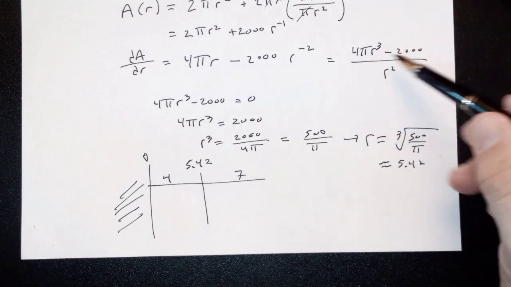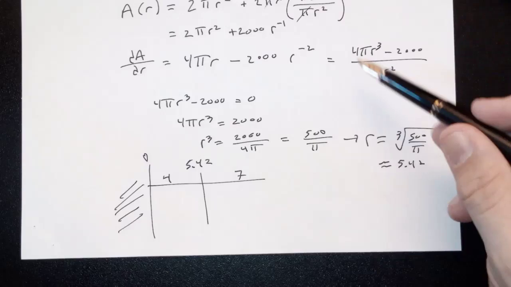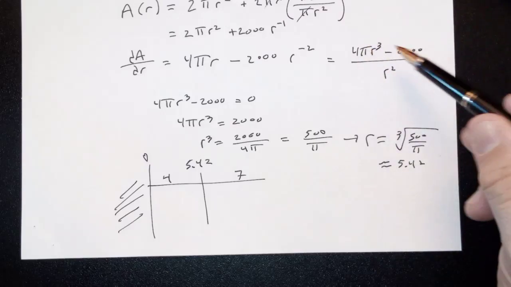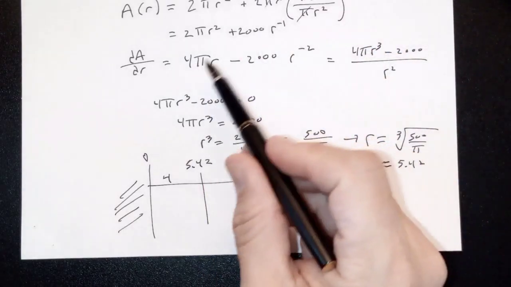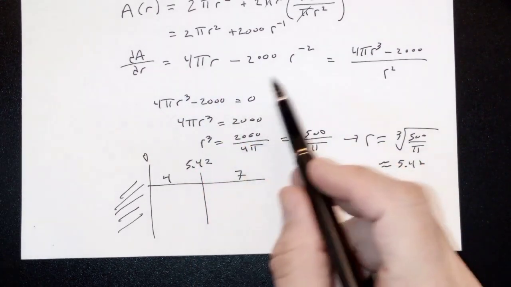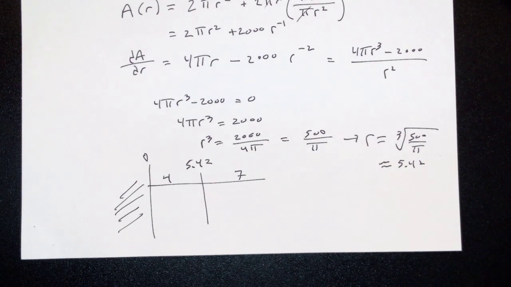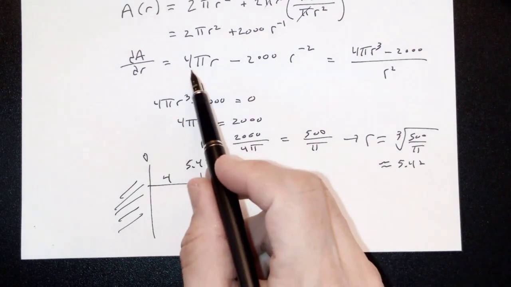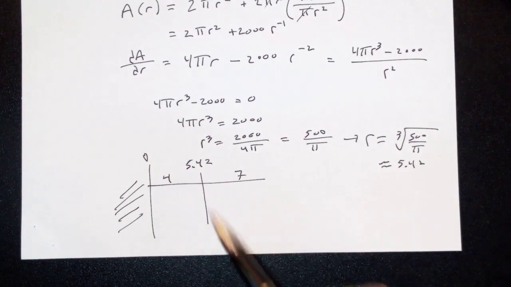If I put 4 in here, or I can put it in here, either way, 16 times pi minus 2,000 over 16. Positive or negative? I need to check. 4 times pi times 4.